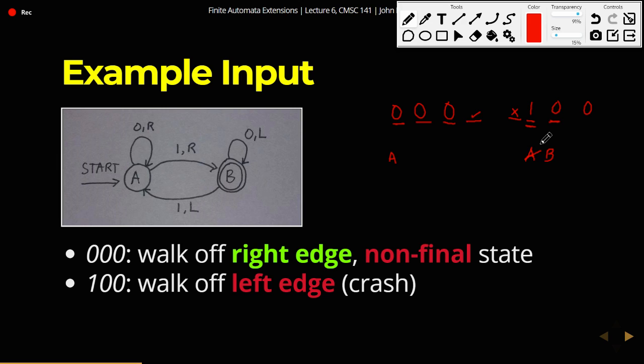So that's already out of bounds. So what this means is that the 2DFA will crash because you walked off the left edge of the input string. Okay, so that's two examples. The first one is you walked off the right edge, but it's a non-final state. And then the second example is you walked off the left edge, which will cause it to crash.